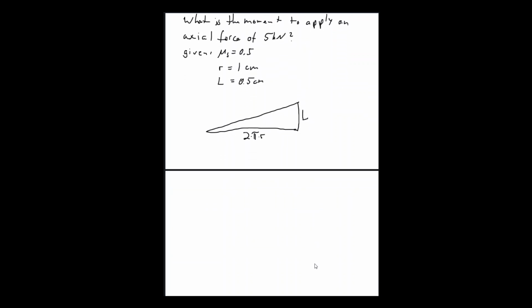So that means if this is our angle theta, then we can say that tangent theta is just going to be L over 2 pi r. All right, so we want to find out what theta is, so we can solve this for theta. Theta is then the inverse tangent of L over 2 pi r.